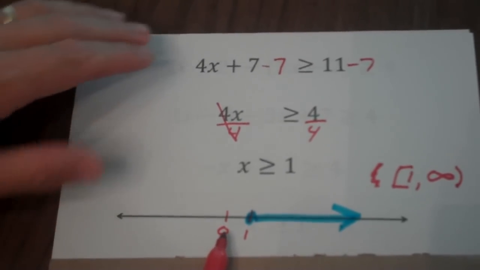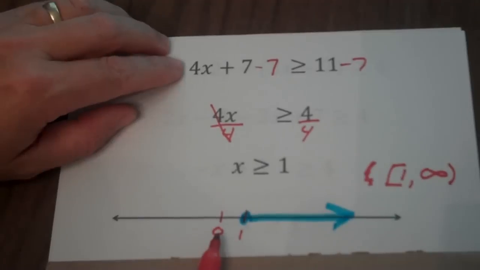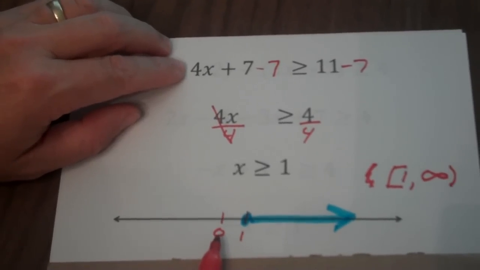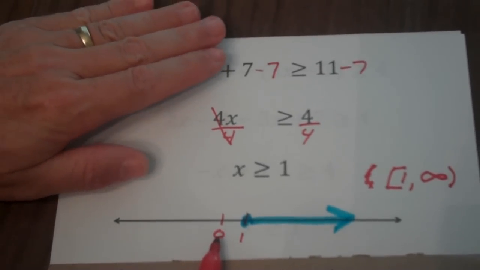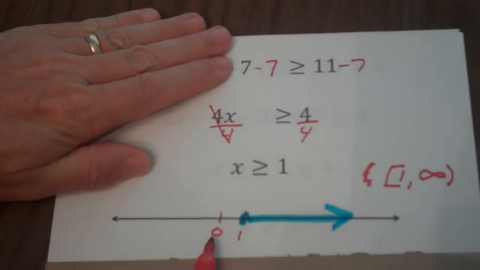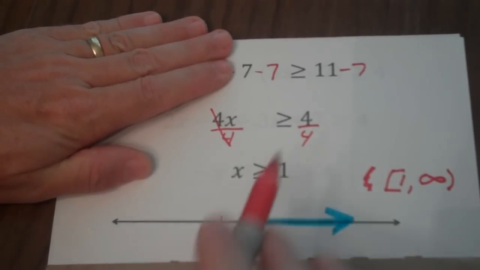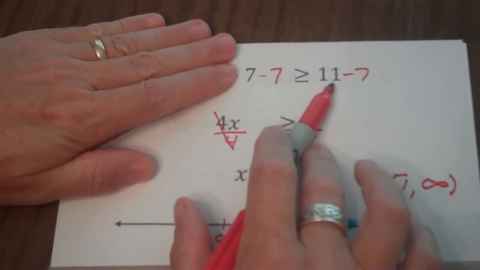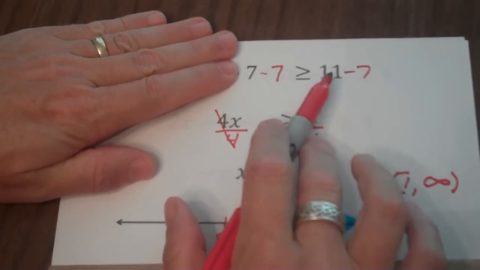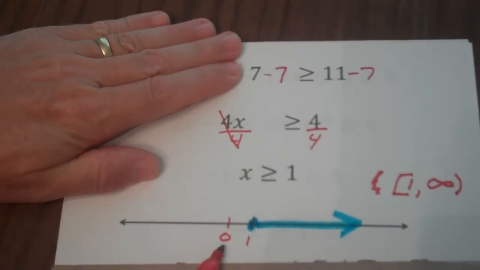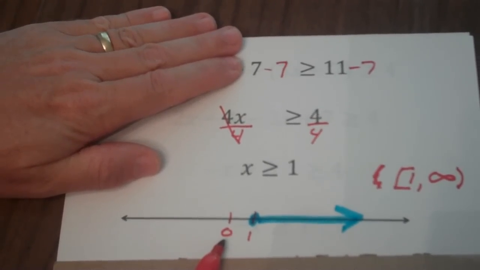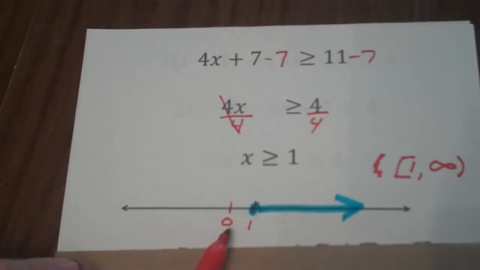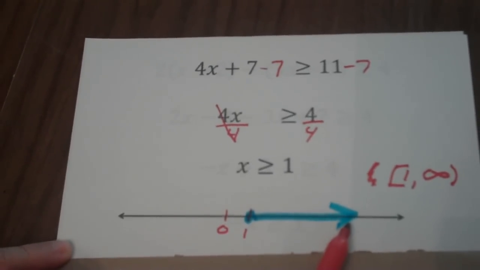If I go back to my original equation, you'll notice that the 4x, when you plug in a 0, becomes 0 plus 7. The terms with x literally just disappear when you have a 0. 7. Is that greater than or equal to 11? Of course not. But don't forget, 0 is not supposed to be part of my answer set. So in this case, I must have the arrow going in the correct direction.